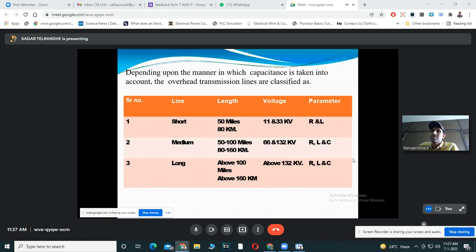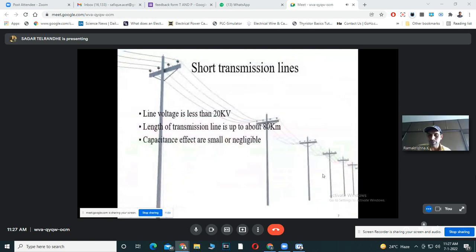Further, we are discussing the short transmission lines. The short transmission lines have a line voltage less than 20 kV. The length of the transmission line is up to 80 kilometers and the capacitance effect is very small and hence we neglect it. The short transmission lines can be seen in your background.